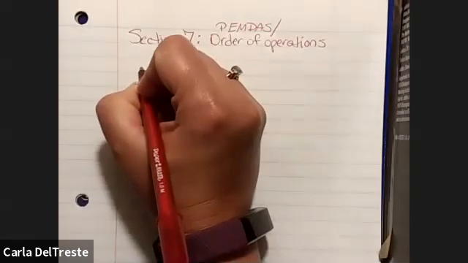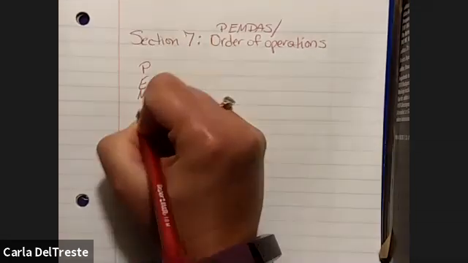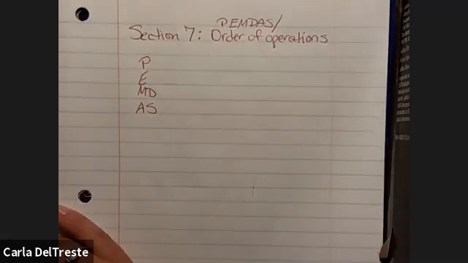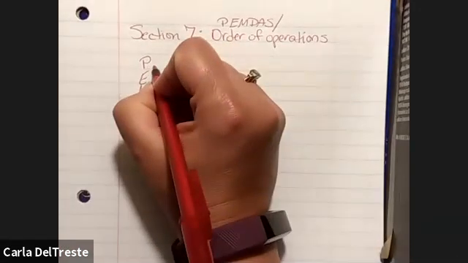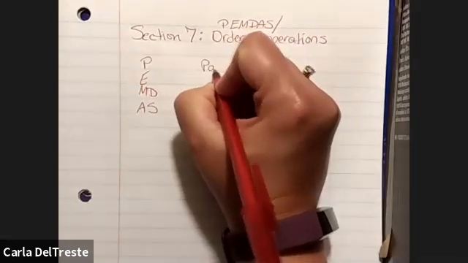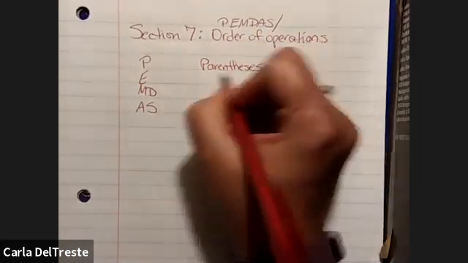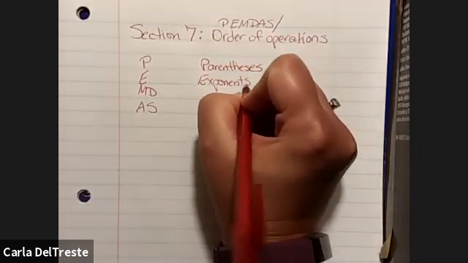And before we go into the problems, okay, I want to talk about what I alluded to in some of the section 6 videos about the order of operations. So we know that they start off with parentheses, and then the next step is supposed to be to do any exponents.